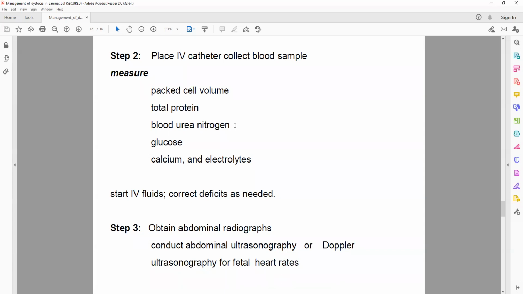That's why these parameters are very, very important. Everything is written here, but you can add SGPT, SGOT, depending upon the economy. You have to think about the economy of the owner as well. Suppose he is not able to pay this much, you can skip one or two tests, but these are very, very essential.